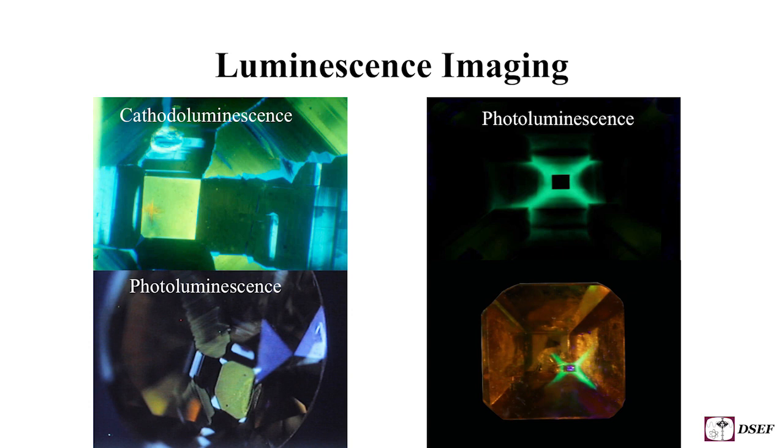You can also induce in some types of synthetic diamonds the photoluminescence by other wavelengths. This is conventional shortwave UV, 254 nanometers, and sometimes you can even identify the synthetic diamonds with a 405 nanometer laser pointer.